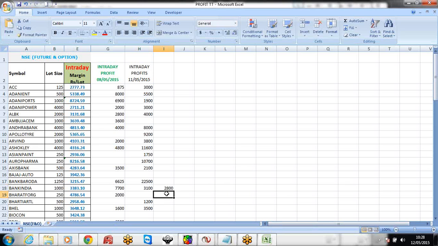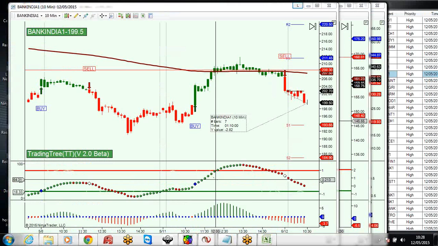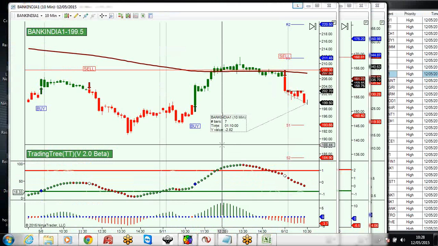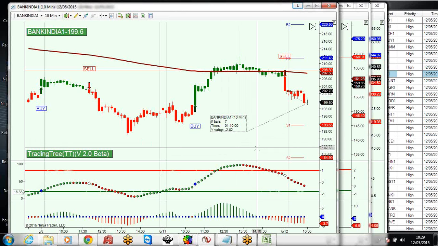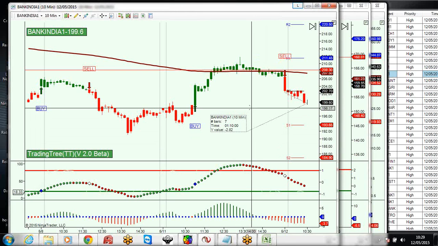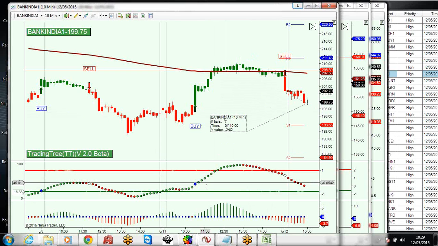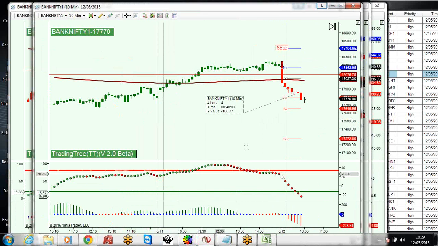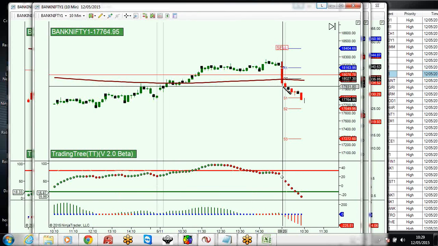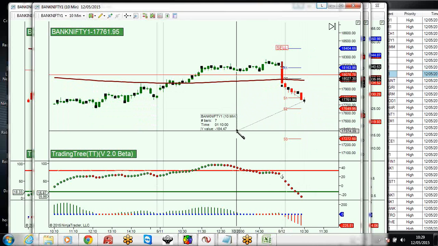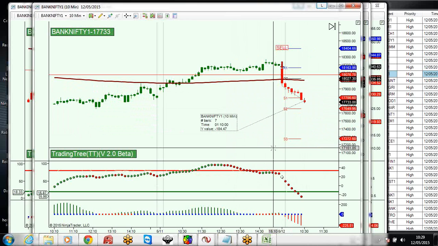That is your profit for today. So that's another 80 points down on Bank Nifty.